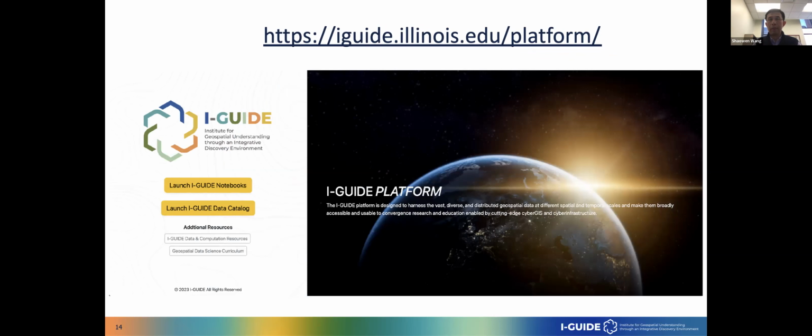These Jupyter notebooks connect to high-performance computing resources available on advanced cyber infrastructure in the US. And also we have a catalog that organizes distributed geospatial data resources, and the Geospatial Data Science curriculum Eric will introduce to you is also getting integrated into this platform.